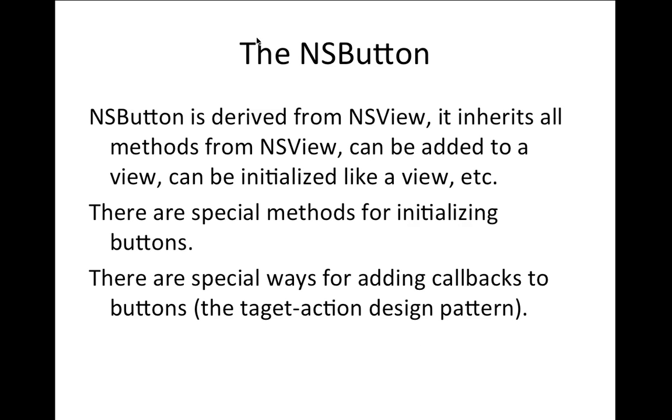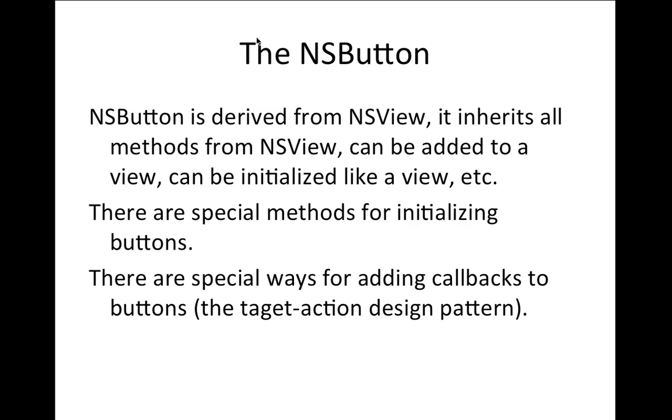The buttons. Outside of a view, most apps are going to have some sort of a button, whether it be an image button or a regular button. They come in different shapes and formats, and so do the views actually. These are generic concepts. The NS button is derived from NS view. It inherits all of the methods of the NS view, can be added to a view, obviously, and can be initialized like a view.